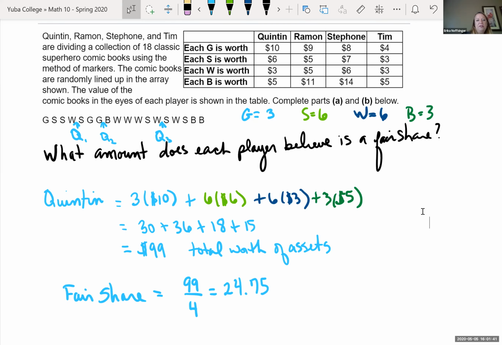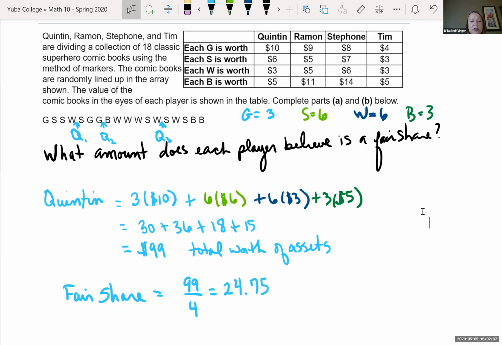Right. So if you summed the comic book G, S, and W, that came up to be, I believe, $25. And his fair share of all the comic books he feels is about $24.75. Wouldn't that G is 10 plus 2 sixes is 12 plus 3, wouldn't that be 29? Did I go too far?